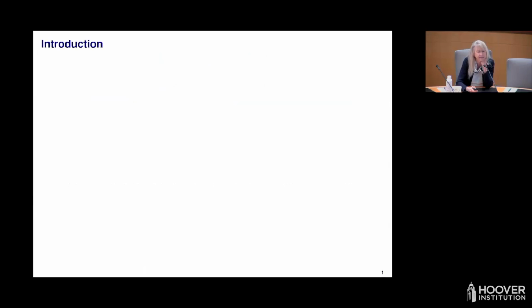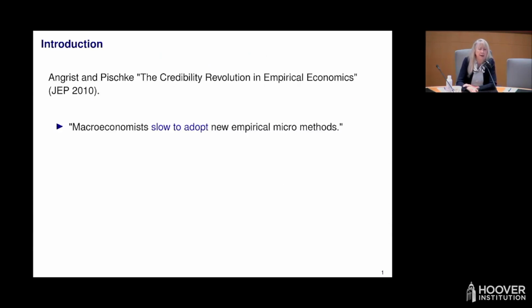So let me just take a step back and think of the big picture. I don't know if you recall, Angrist and Pischke had their Journal of Economic Perspectives piece in 2010, where they extolled the virtues of the credibility revolution in empirical economics, talked about all of the great new techniques that applied microeconomists were using, and were producing much more credible estimates.